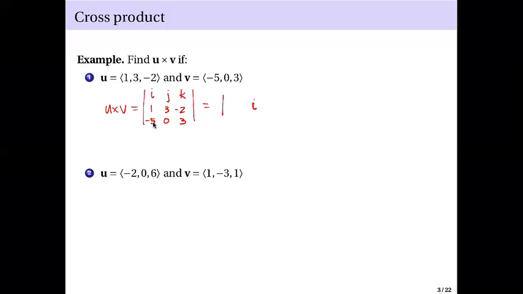So you will have 3, negative 2, and then 0, positive 3. And then for the j, you have negative 1 raised to 1 plus 2, so let's just put minus, and then the determinant of something, and then your vector j.